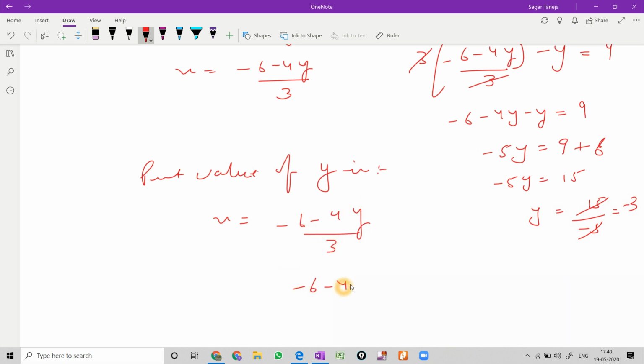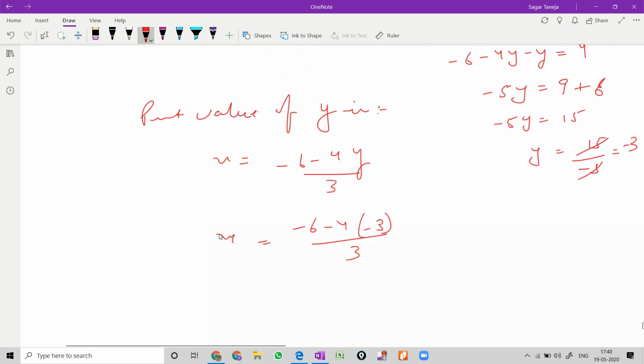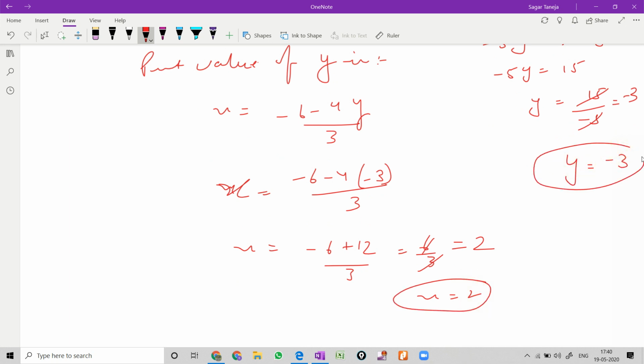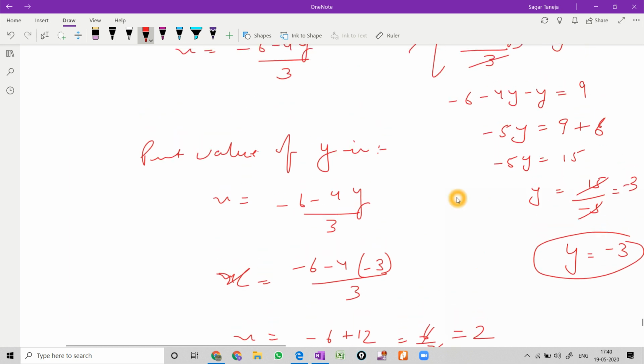So x is equal to minus 6 minus 4 into minus 3, which is plus 12, upon 3, that is 6 by 3, which is equal to 2. So x here is equal to 2 and y here is equal to minus 3. So these are the required values.